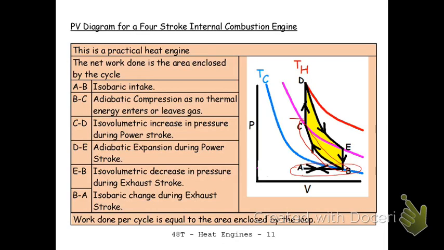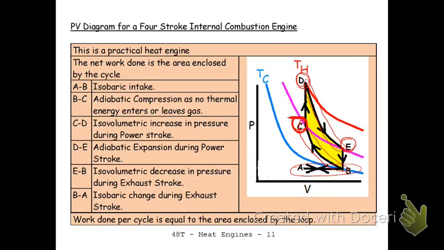I then light my spark plug and I get immediately a constant volume increase in temperature. That's the thing lighting, which causes an increase in pressure. And then I get an adiabatic expansion. So my power stroke is from C through D to E.